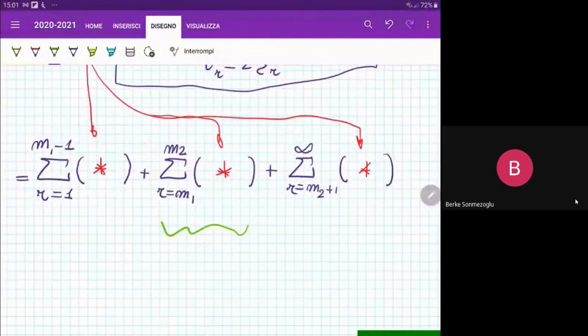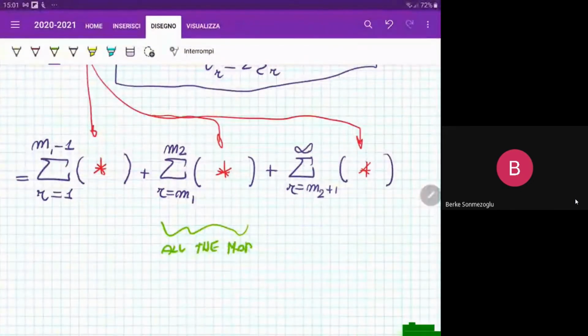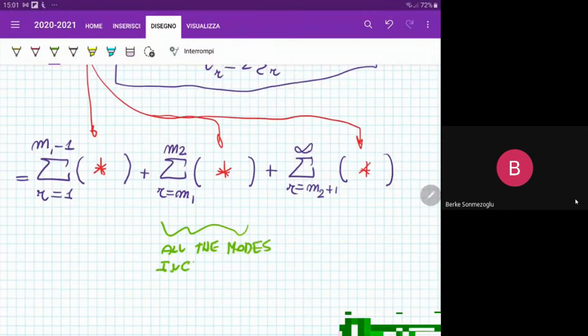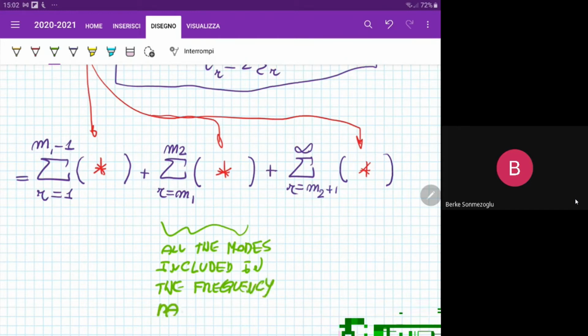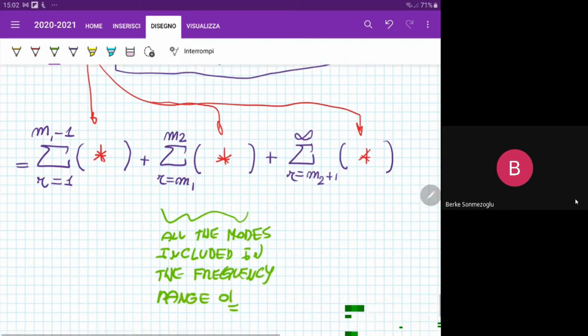So here I am having all the modes included in the frequency range of interest.